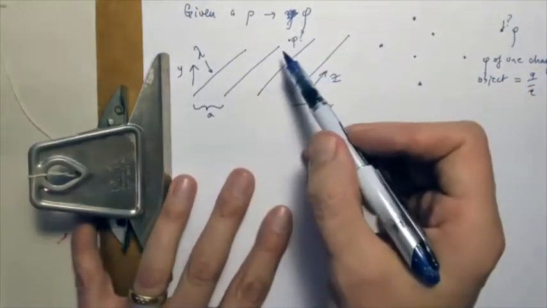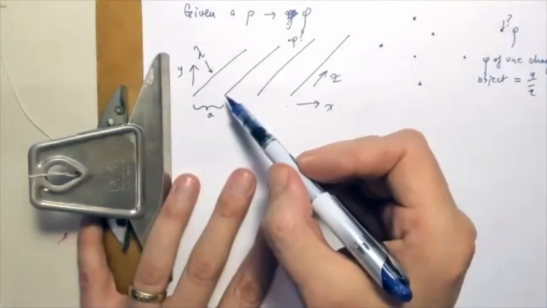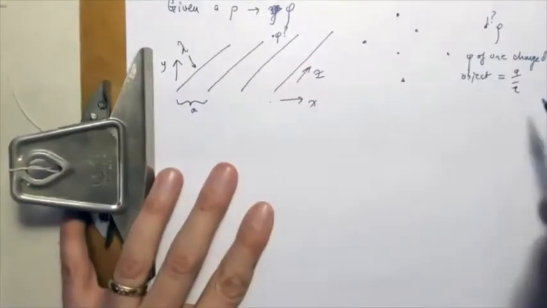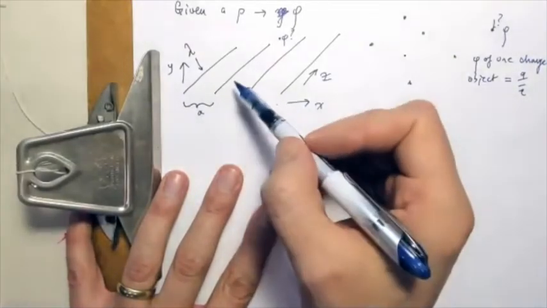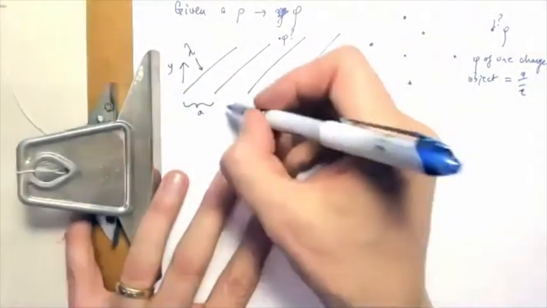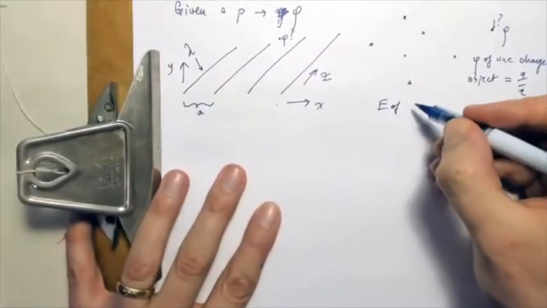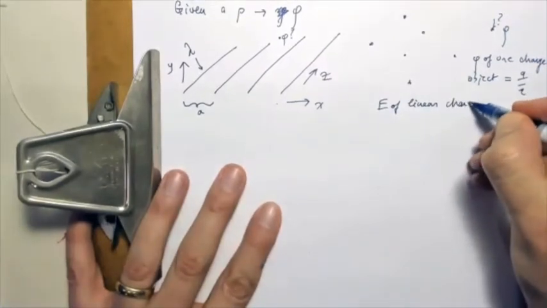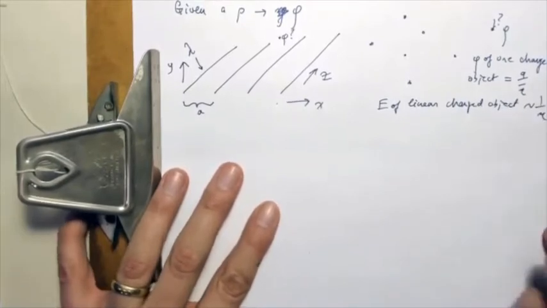Now we could, let's say, take this wire and write it as an infinite set of point charges, but you probably already know what the electric field is. The electric field of a cylindrical or linear charged object goes like 1/r.